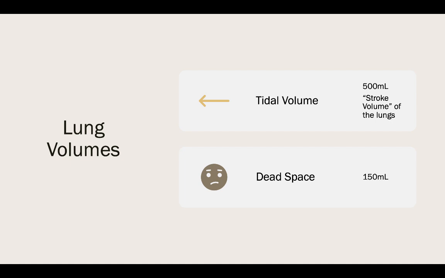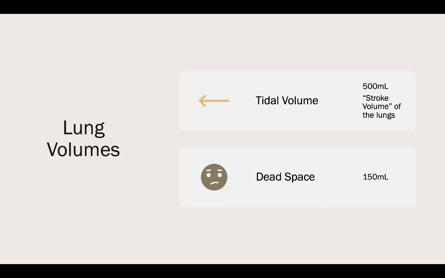It's going to differ person to person. If we're bagging just via BVM, we want just a simple chest rise and we'll stop. If we're putting them on a ventilator, we'll want to do a calculation or two, but typically 500 milliliters, maybe 400, maybe 600, depending on the size of your patient.